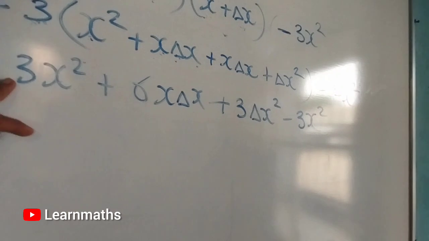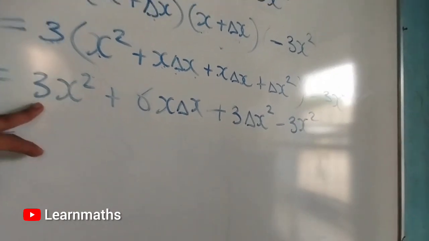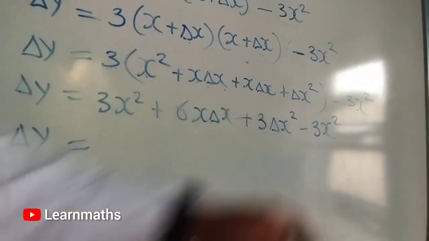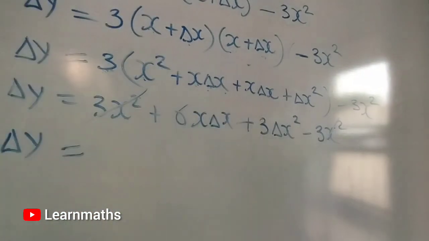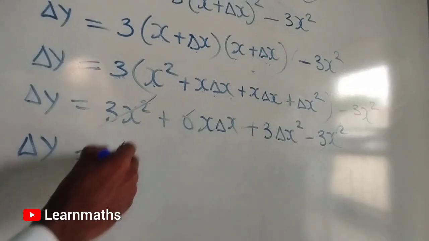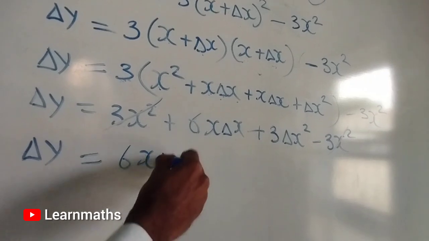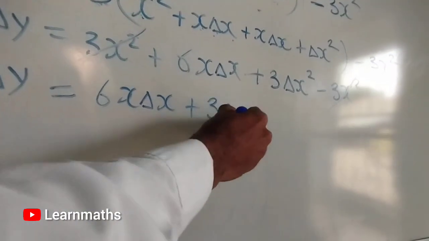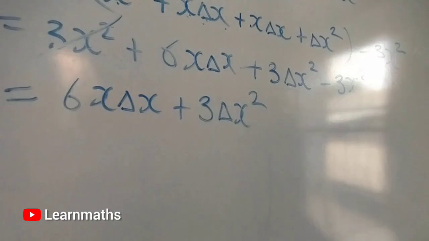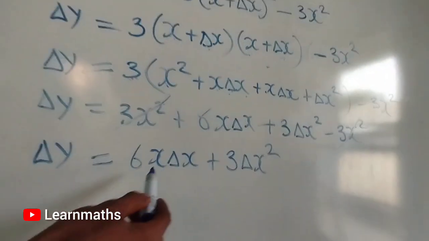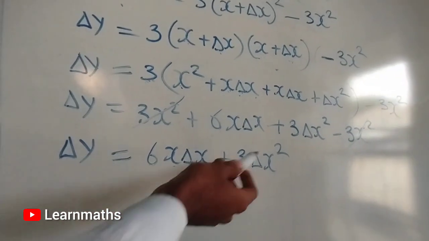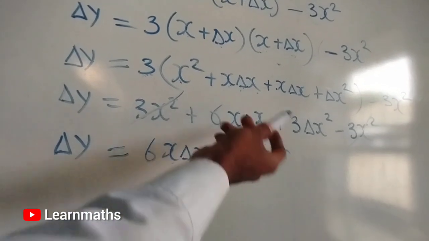So this 3x squared here can cancel this 3x squared. So they are going to subtract each other out, right? Leaving us with 6x change in x plus 3 change in x squared, right?